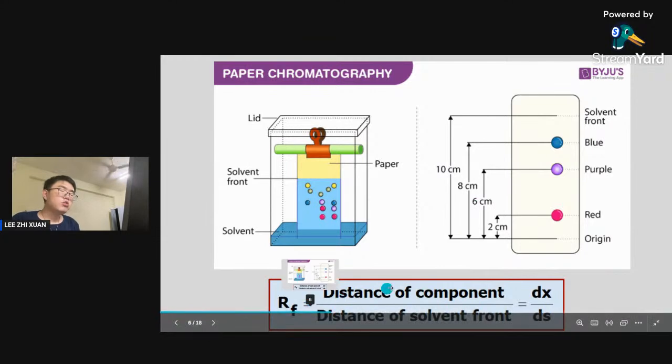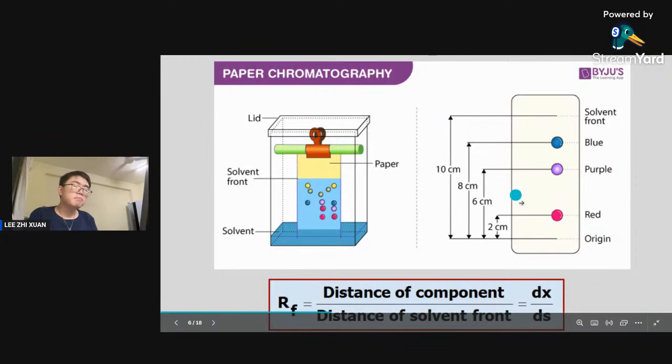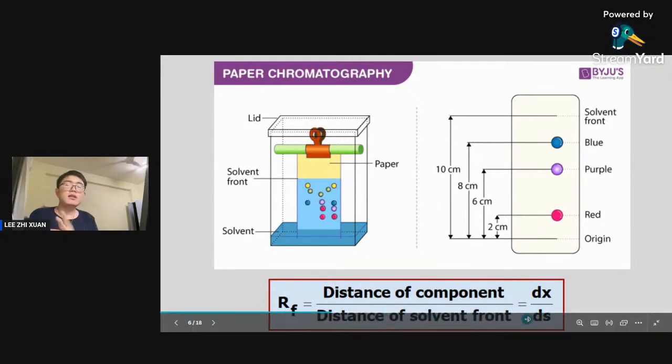So RF equals distance of component divided by distance of solvent front. Each component has its own distance. Firstly, you calculate the distance from the origin until the end where the solvent flows. In this diagram, the distance altogether is 10 cm. So the distance of the solvent is 10 cm. It's already fixed. Just the distance of the component is different.